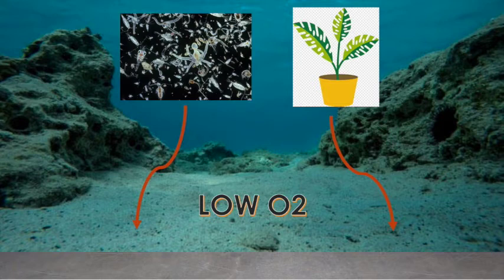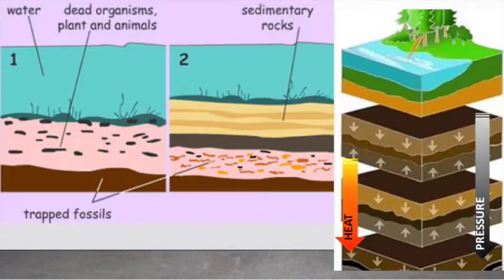And this is mainly due to the fact that during the transport procedure of the sedimentation process, dead organisms that are on land, on the surface, not in oceans, are transported and then deposited at the bottom of oceans or rivers, etc. And as a matter of fact, the organic matter that is deposited will be covered by layers and other layers of sediments during the sedimentation process and will hence be buried slowly.